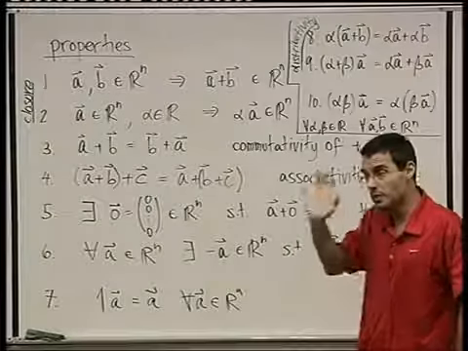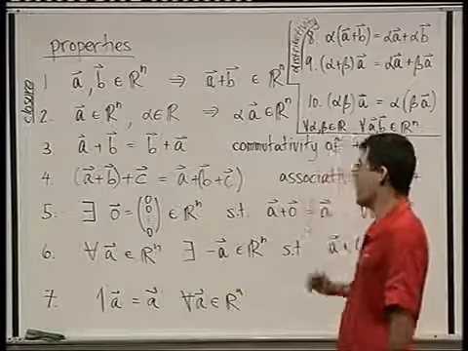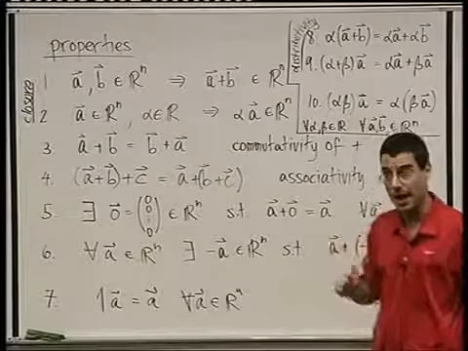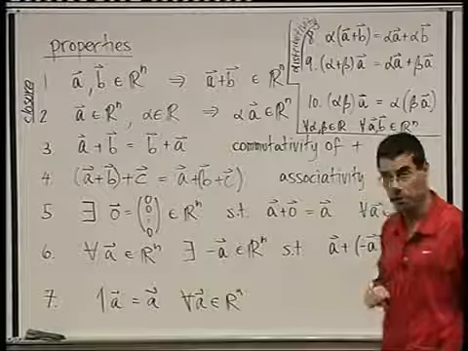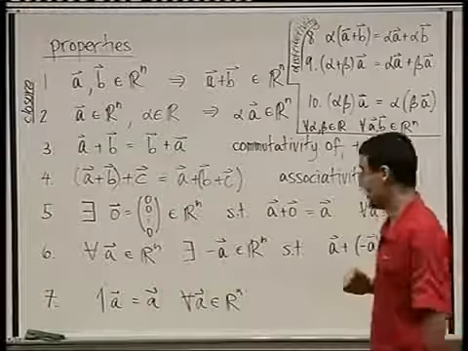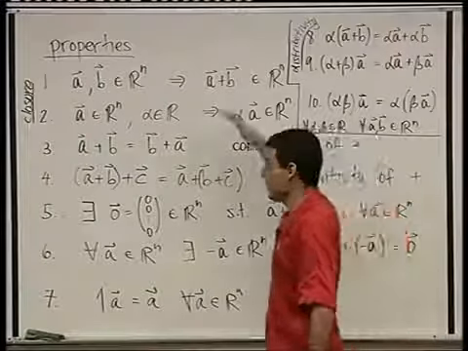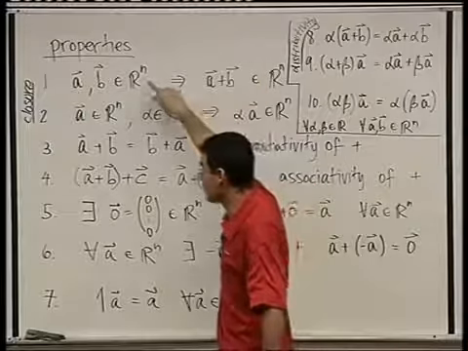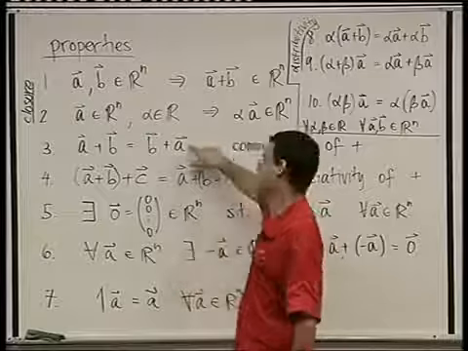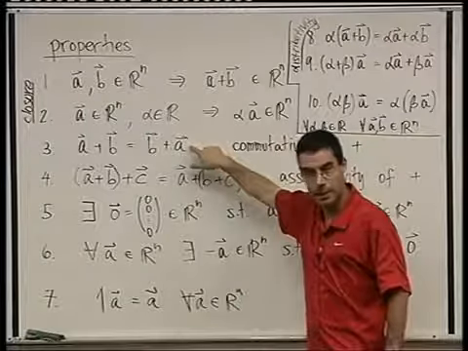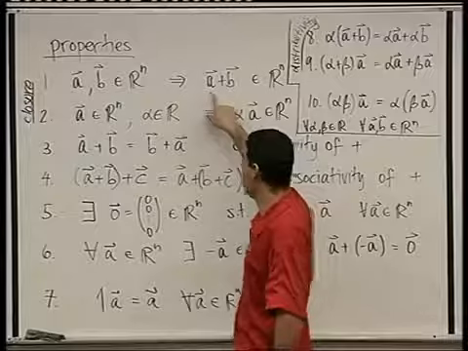Okay? So if you happen to forget the notion of a group, I'm just going to tell you what it is right now, and you can look back at I think it was in one of the very first videos of this course, what is a group? Okay? But a group is merely a set that satisfies properties 1, 4, 5, and 6. And a commutative group is one that satisfies 3 as well. Okay? So there's one operation, addition.